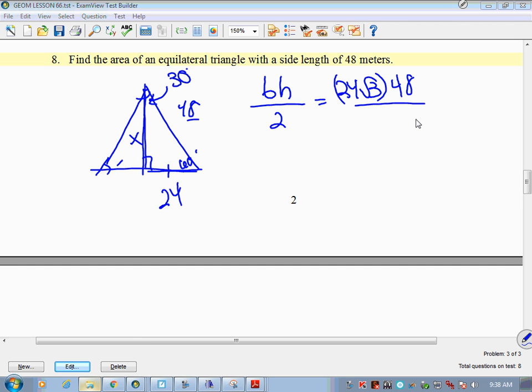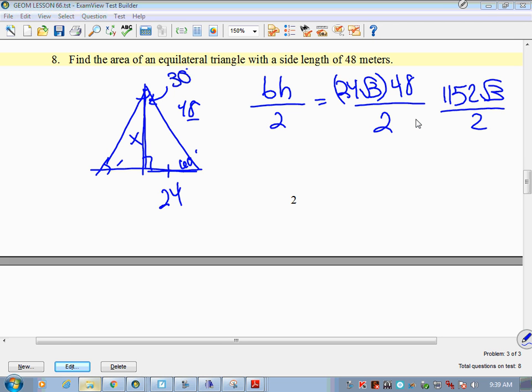So it's the exact same thing that you're doing with your hexagons, except we're just doing a right triangle. We're just doing a 30, 60, 90 triangle inside of a hexagon. So we've got 24 radical 3 times 48 divided by 2. What's 24 times 48? 1,152 radical 3 divided by 2.